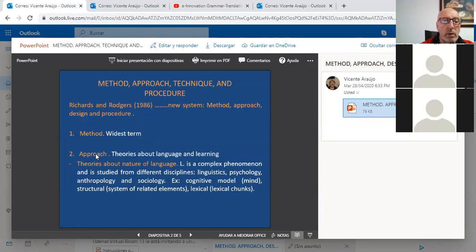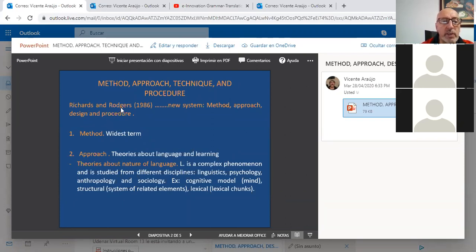What is the approach? The approach describes the theories about these two important concepts, language and learning. There is not an absolute agreement about language, nor about learning. So let's start with language.